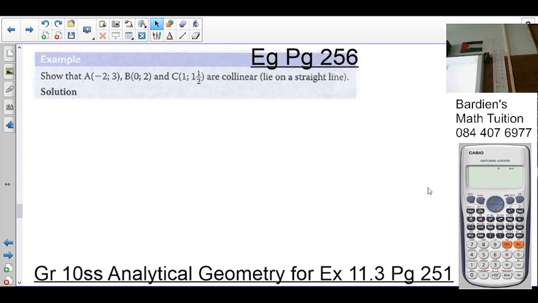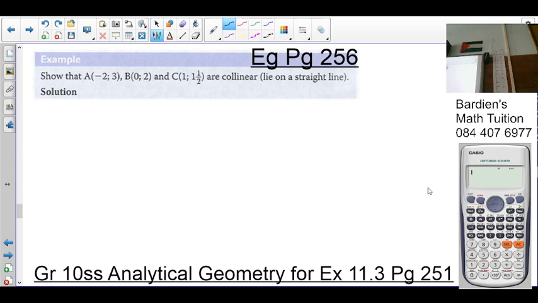People, if it lies on the same line, what do we know? Gradients are equal. So we know that AB's gradient must be equal to BC's gradient, which is equal to AC's gradient. However, if you can prove that 2 of the 3 gradients are equal, we don't have to work out the third. And if 2 of the 3 are not equal, automatically the third one won't be. So we only test for 2 gradients.